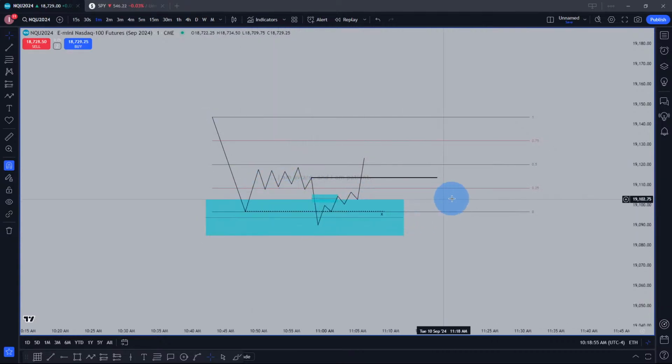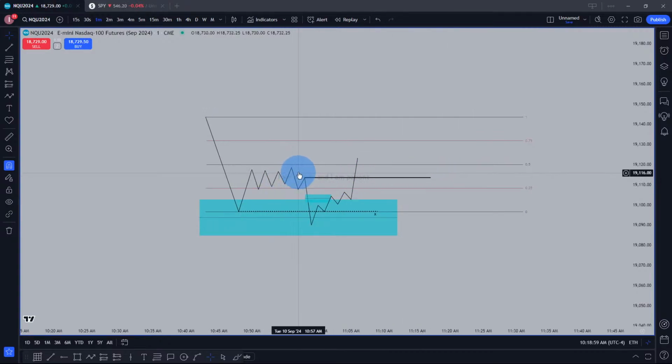Sorry, I messed up what I was saying. If the breaker high is in a premium, then it's going to be less probability, because those highs would likely be engineered highs. Price engineers liquidity in discount for price to move into a premium, to then return to the liquidity in discount to take it, and then return to the liquidity in premium. That's basically the cycle of how price moves.